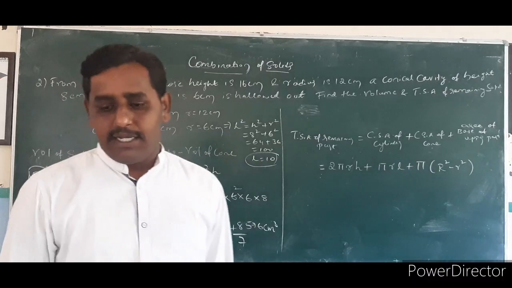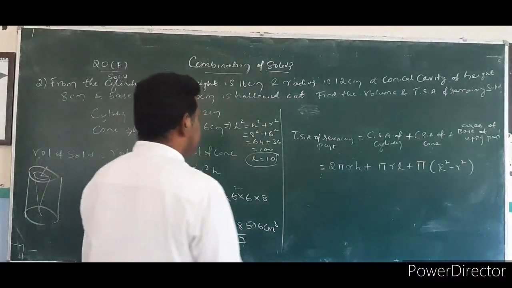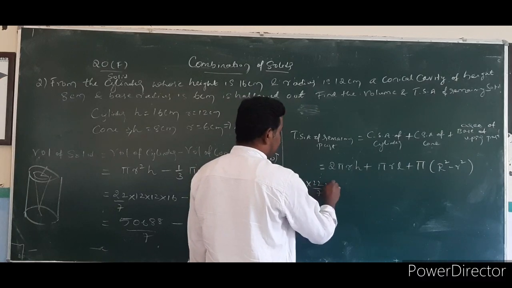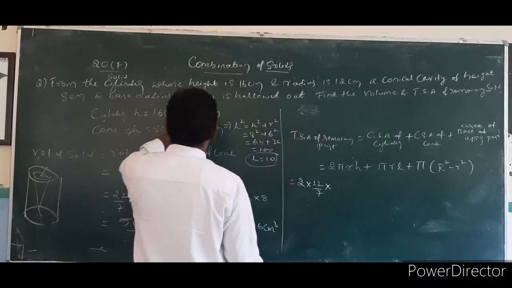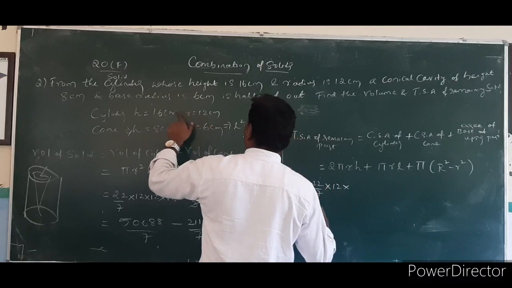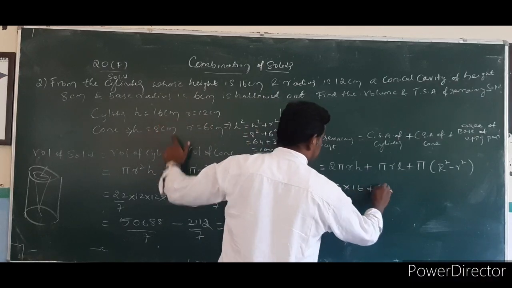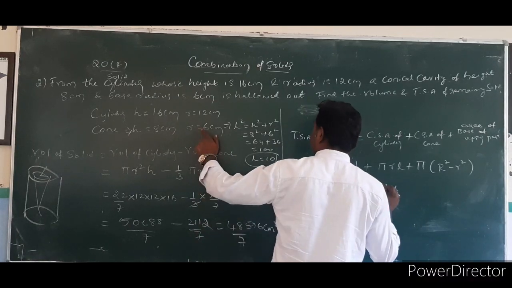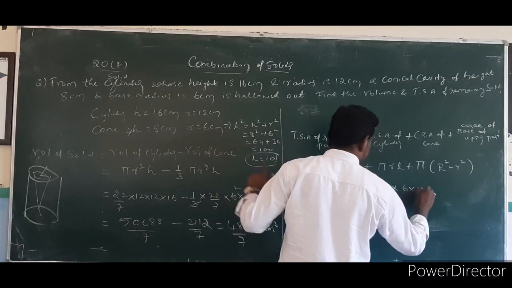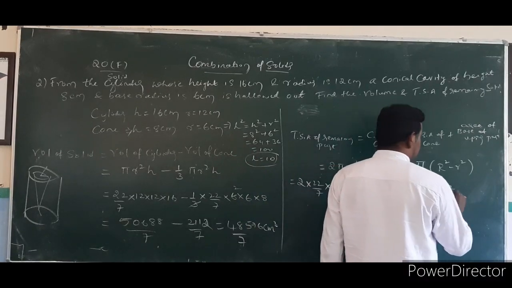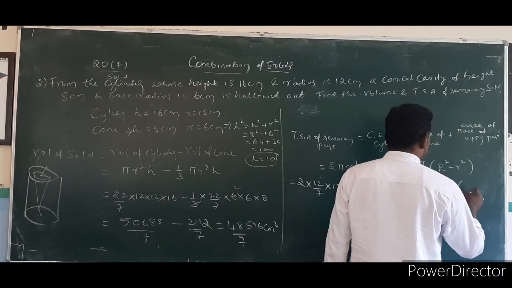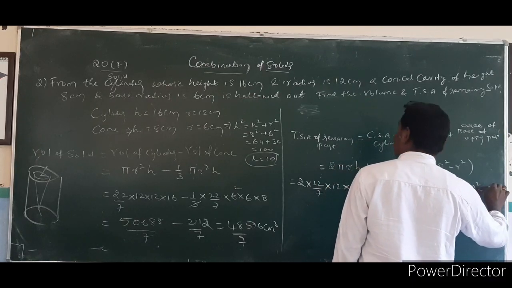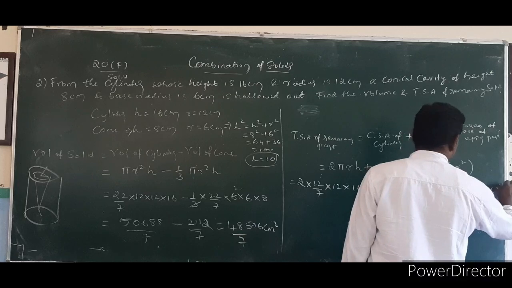Now you can easily apply the formula: 2 into 22 by 7 into cylinder radius is 12, height is 16, plus 22 by 7, r of cone is 6, slant height is 10, plus 22 by 7, capital R is 12 square minus 6 square.